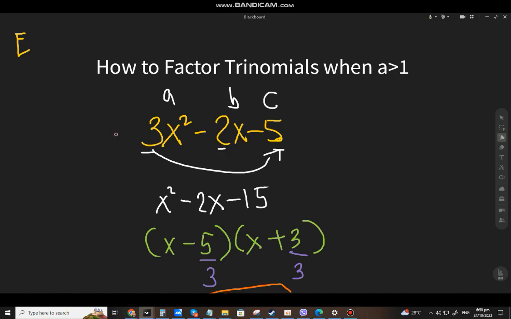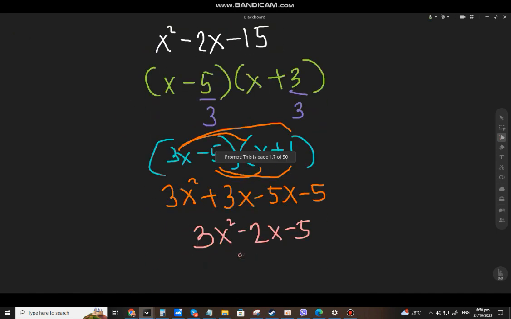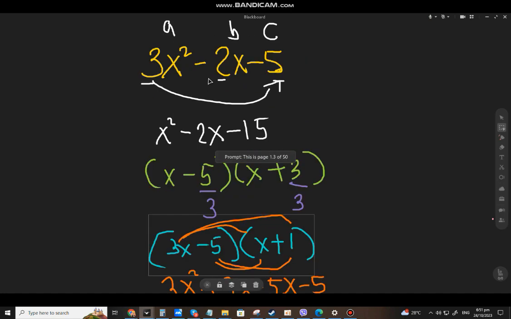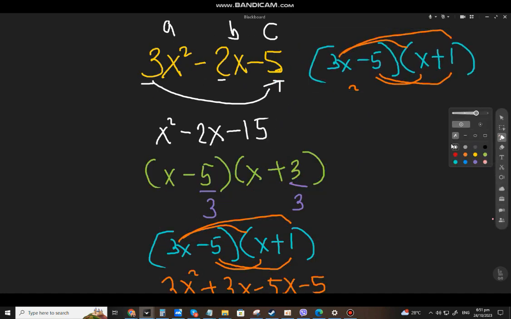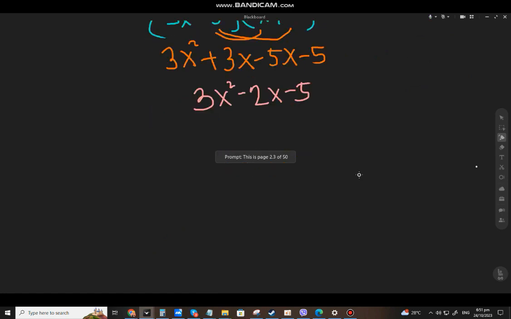And yes, we got the same answer. So the factored form for this one is this one. Yes, so they are equal. Okay, that's the slide divide technique.